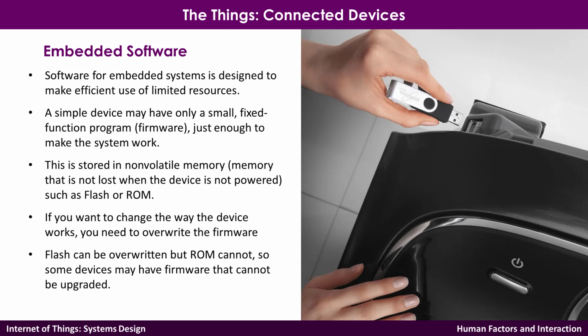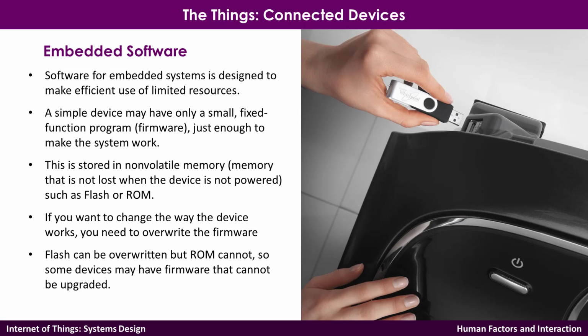So embedded software is typically stored in non-volatile memory, the memory that is not lost when the device is not powered. It could be flash or ROM, which is read-only memory. The difference is that if you want to change the firmware running on a particular device, like a washing machine or any other device, you need to override the firmware.